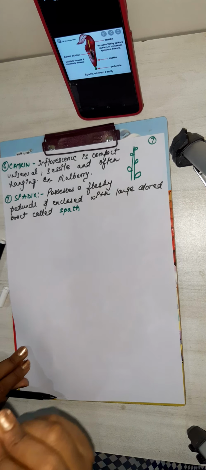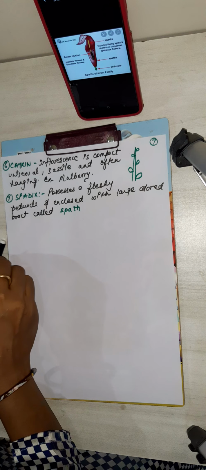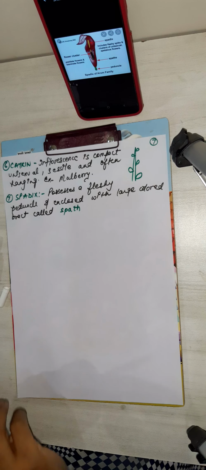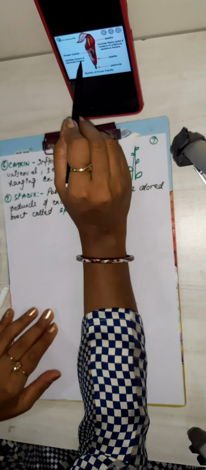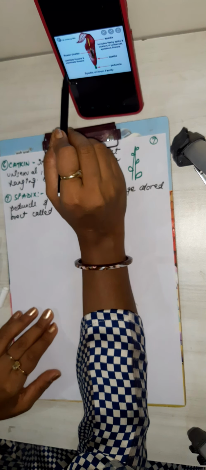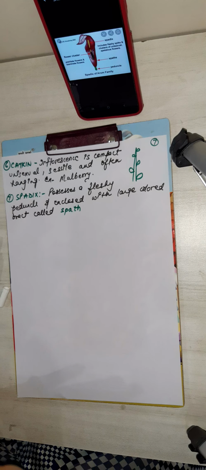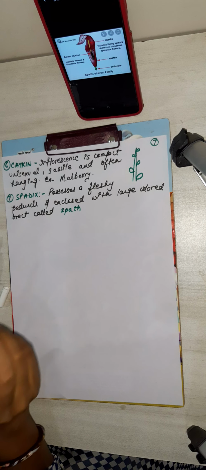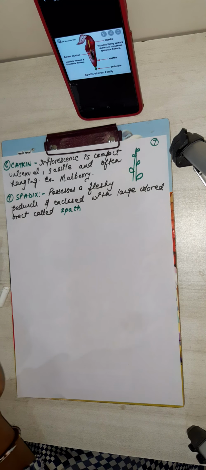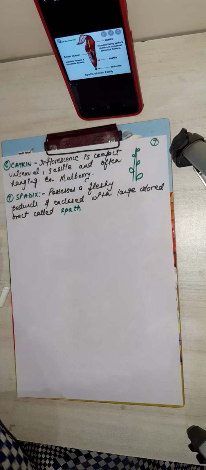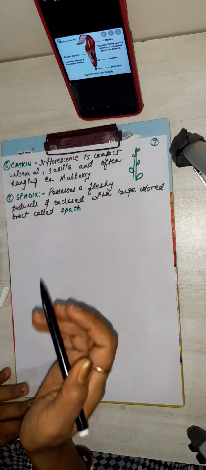So in this case, what happened? You can see pistillate flowers are there and staminate flowers are there. तो अपर में क्या होता है, जो लोअर पार्ट होता है पेडंकल में, उसमें यूनिसेक्सुअल फ्लावर्स होते हैं. अपर मेल होगा एंड लोअर इज फीमेल.